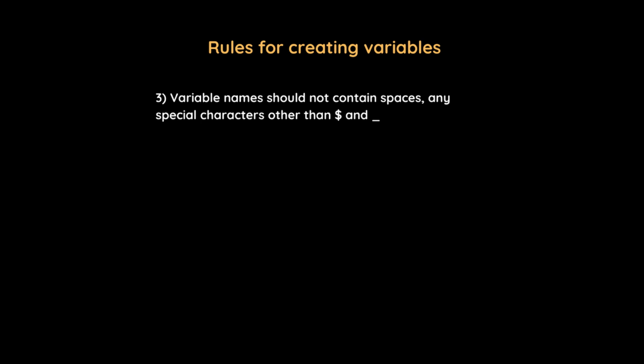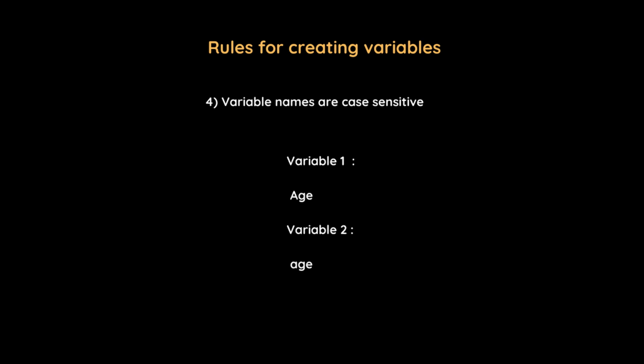The next rule is that your variable name should not contain spaces or any special characters other than $ and underscore. As you can see, the variable name roll number with a space is invalid and roll underscore number is a valid variable name. And most importantly, variable names are case sensitive, which means age with capital A and age with small a are 2 different variable names.